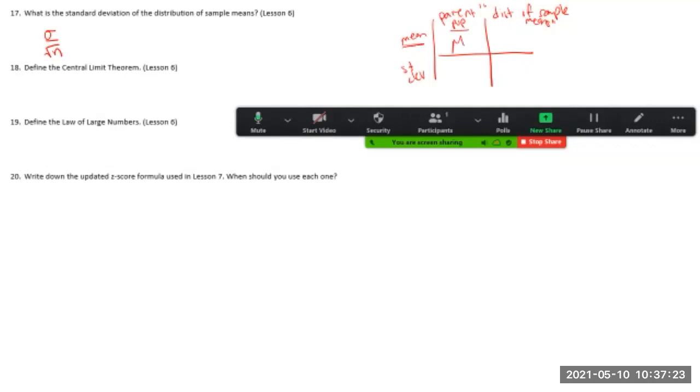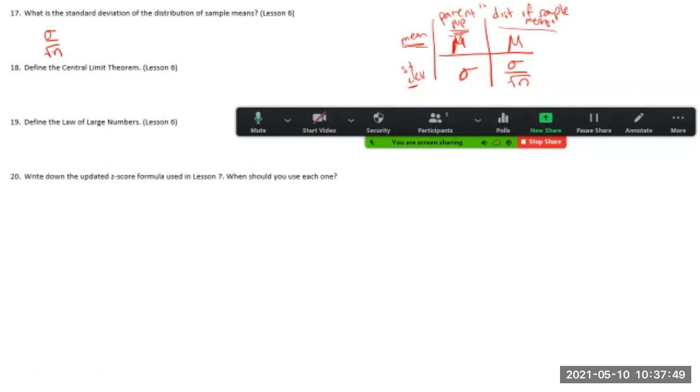And the standard deviation for the parent population is just sigma. We all know that. That's just the symbols that we use to represent it. The mean for the distribution of sample means is also mu, like what I just said from number 16. And the standard deviation of the distribution of sample means is sigma divided by the square root of n for this class. Awesome. We're almost there.